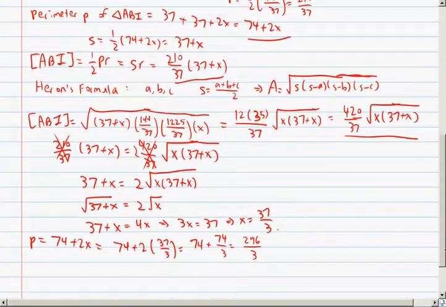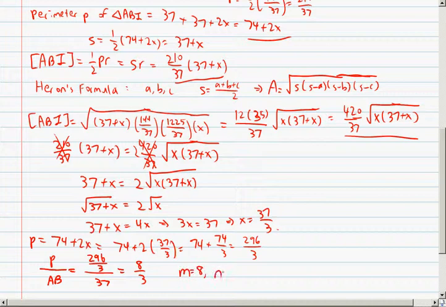So we have little p all over the length of AB equal to 296 over 3 divided by 37. That leaves us with 8 over 3, which is m over n. So m is 8 and n is 3. And so our final answer is just the sum of m and n, which is 8 plus 3, giving us an ultimate answer of 11.